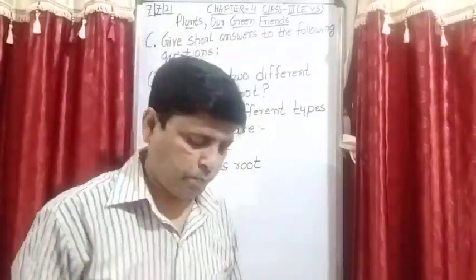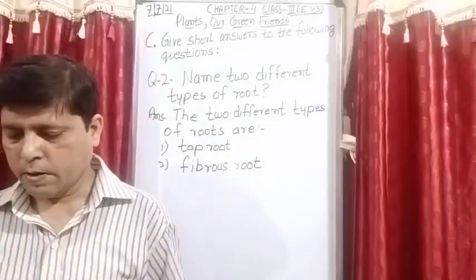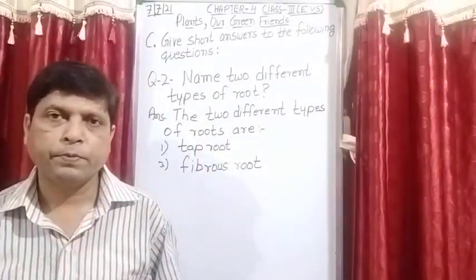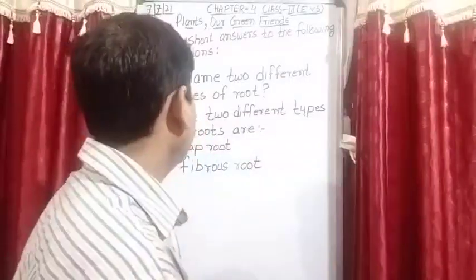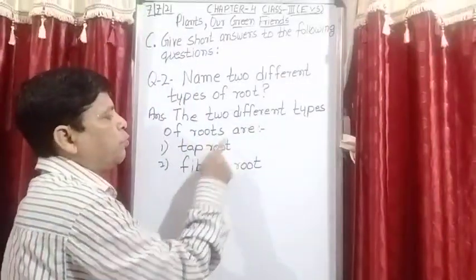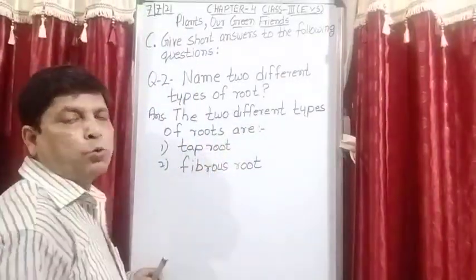So now students, here you have written the answer. The two different types of root are tap root and fibrous root.